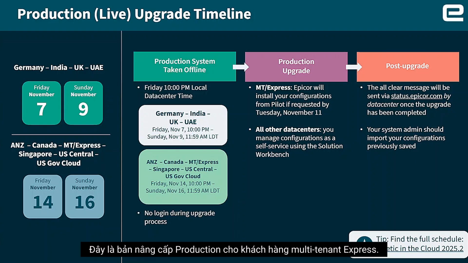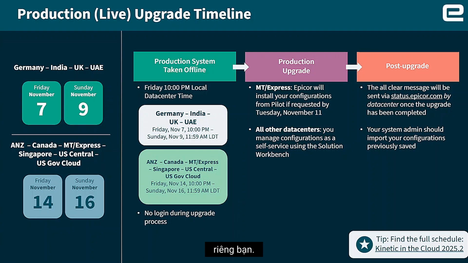For our multi-tenant Express customers, if you have things that need to be fixed, custom configurations in pilot, you can request that we move those for you by Tuesday, November 11th through EpiCare. All other data centers, you have access to the solution workbench, and you can self-manage your own configurations.